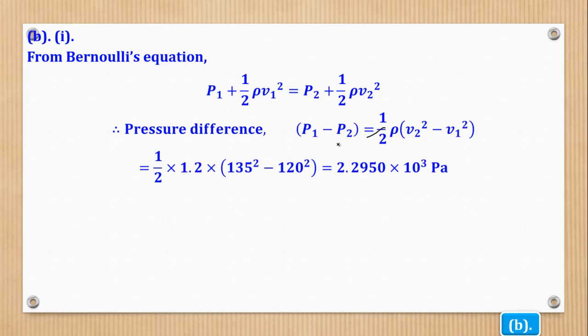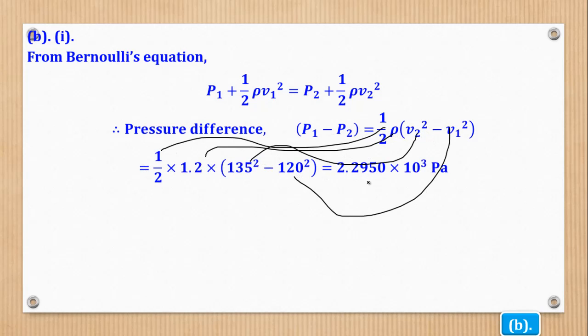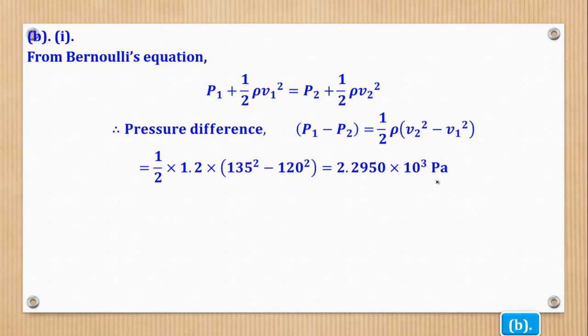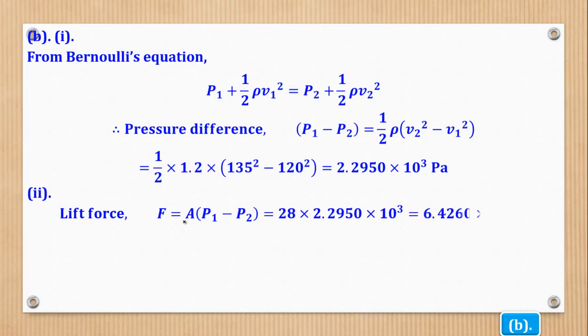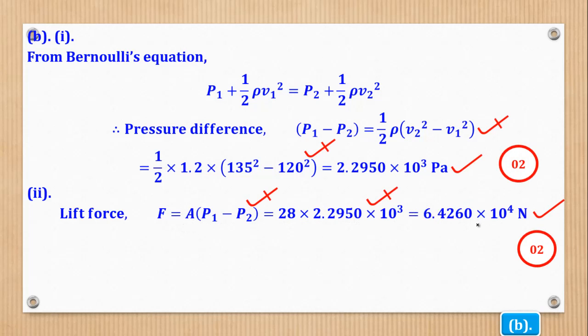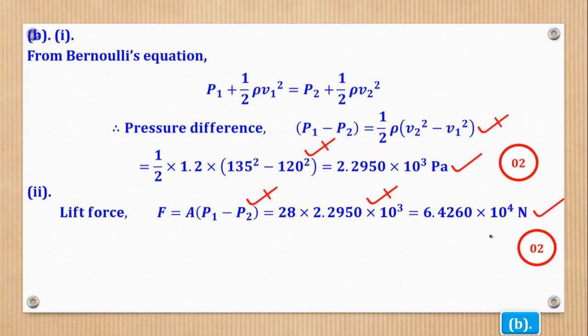Therefore, substitute a half is here, density is here, V2 is here, V1 is here, which gives you that as the pressure difference. Then Roman 2, they want the lift force. Lift force, you multiply cross-section area by the pressure difference, which gives you that. So that's how marks would be awarded.